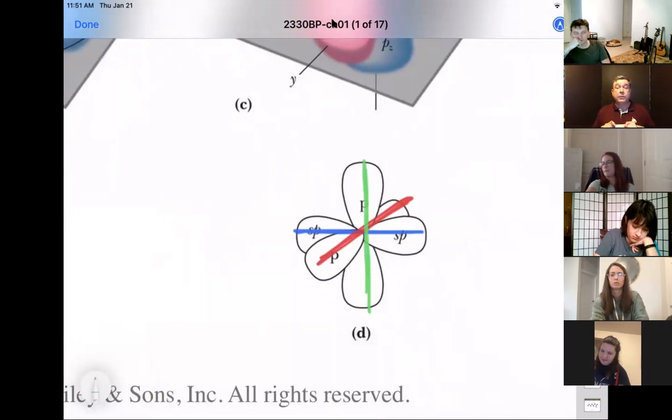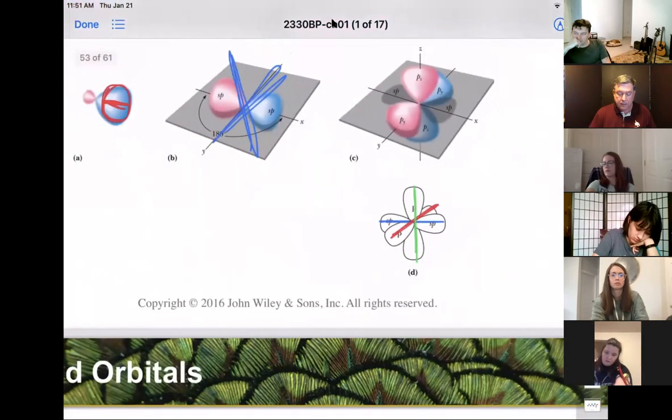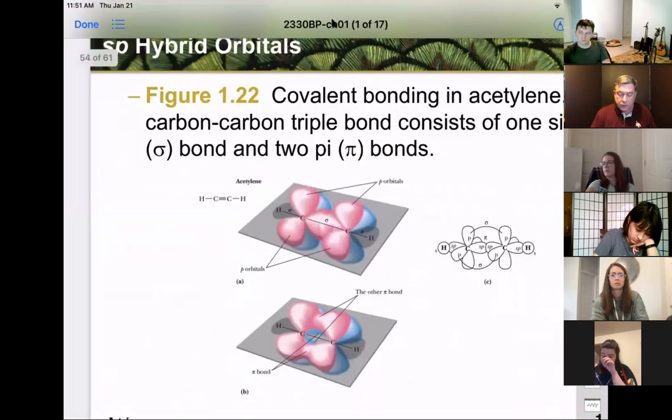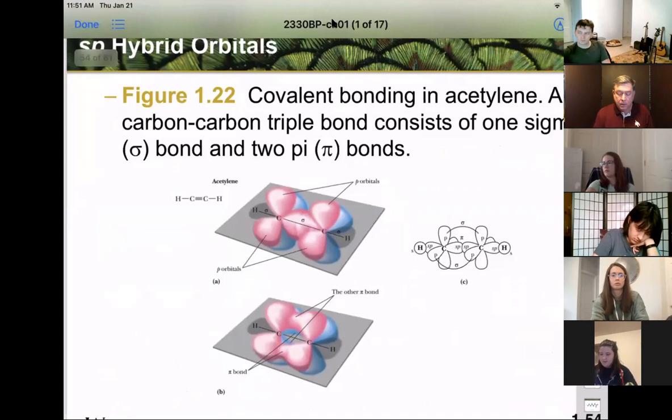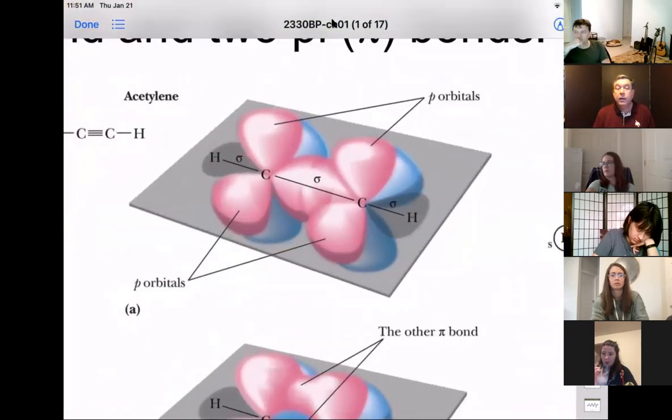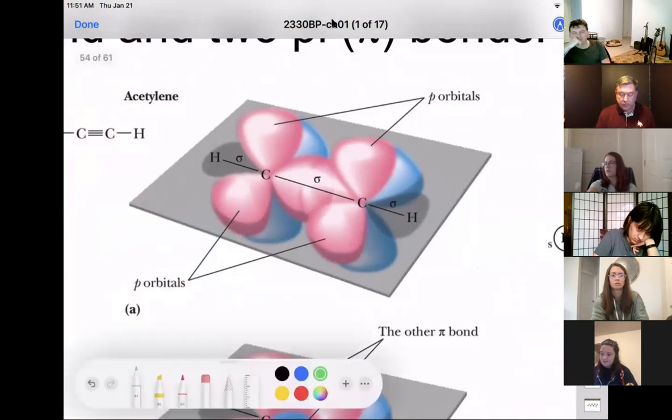That's going to give us an interesting shape when we start bonding that. Okay, so when we get two of these together, what happens? We end up getting the direct overlap with the hybridized orbital. So our direct overlap is the sigma bond between the carbon-hydrogen and the carbon-carbon bond and the carbon-hydrogen bond here.